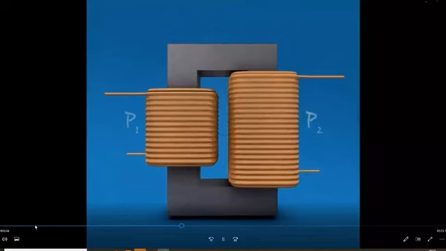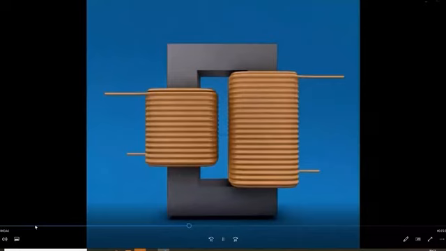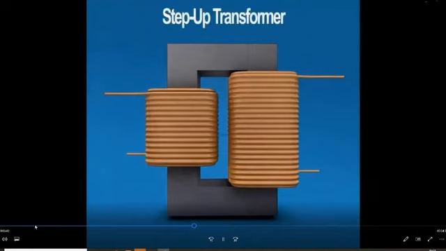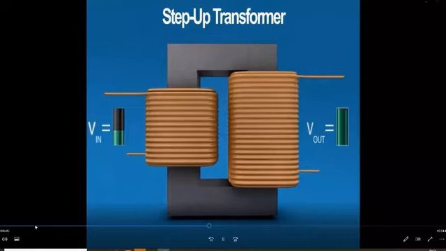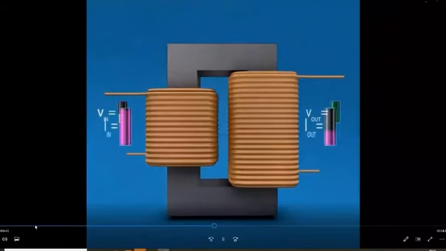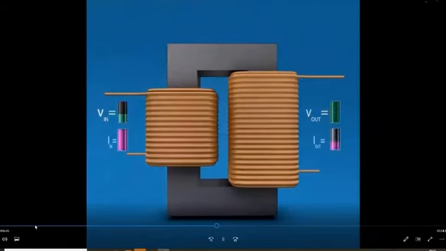As you can see here, the coil on the left side, which we can call the primary coil, has a lesser number of turns than the coil on the right side, which we can call the secondary coil, and the transformer is called a step-up transformer. In this case, the voltage induced on the secondary coil, V out, is higher than the voltage applied, V in, on the primary coil, whereas the current is reduced as the power has to remain constant.